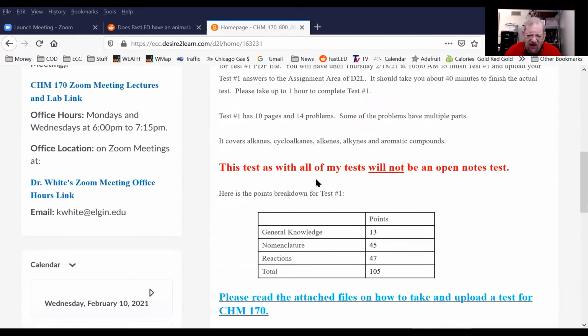This test, as all my tests, and I should also include the final, is not open notes. The way I write my tests now online, I have put in certain things so that I'll know if you went into your notes or not. So please don't. I could do things with a cell phone and Zoom where I have an eye on you, but I'm going to do the honor system.